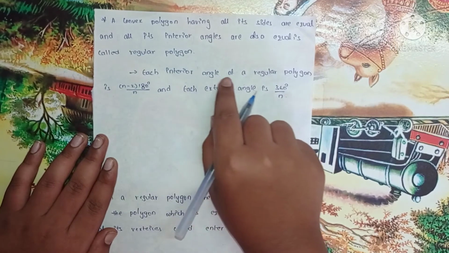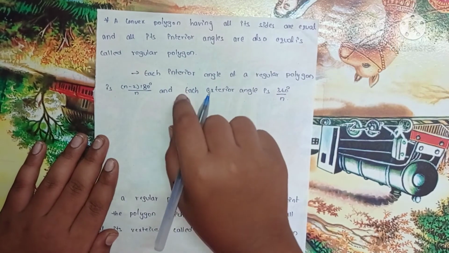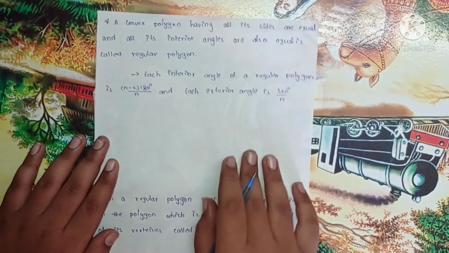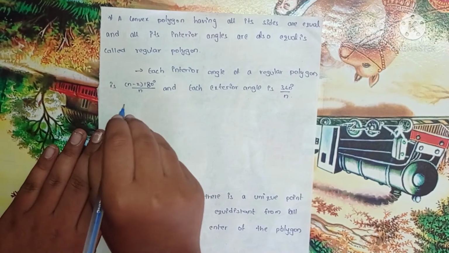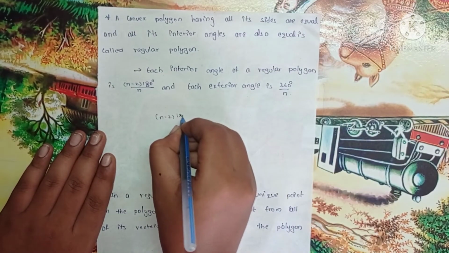So each interior angle of a regular polygon is (n minus 2) into 180 degrees by n, and each exterior angle of a regular polygon is 360 degrees by n. So we will derive this also. We know that the sum of all interior angles of a polygon is (n minus 2) into 180 degrees.